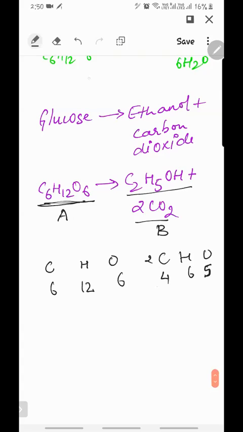Okay, so if you multiply by 2 at these places, 2 ethanol, 2 2s are 4, 4 plus 2 will become 6, 10, 10 plus 1, 11. 5 2s are 10 and 11. It will be 11 and it will be 6. Okay, so if you multiply, you can get it.